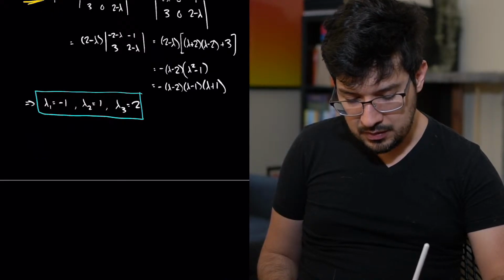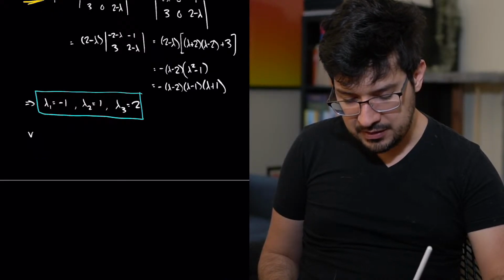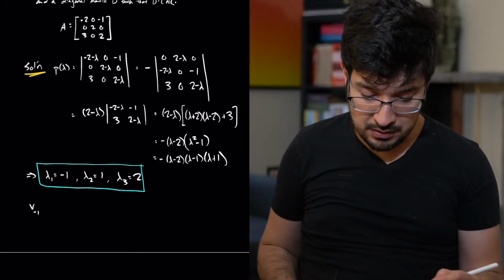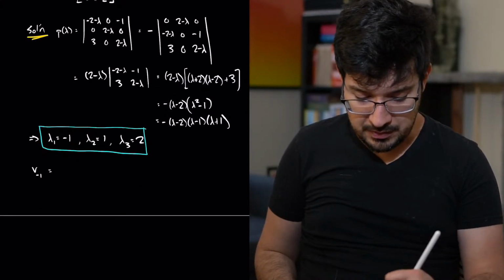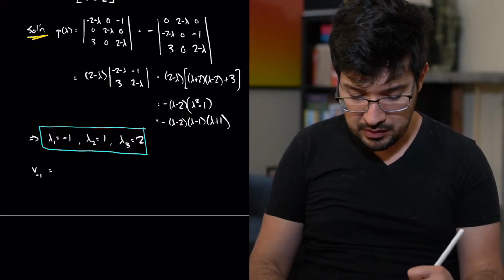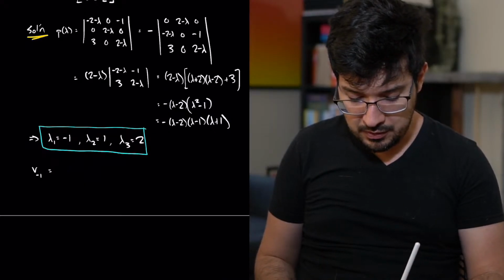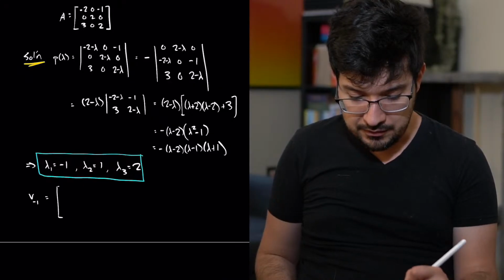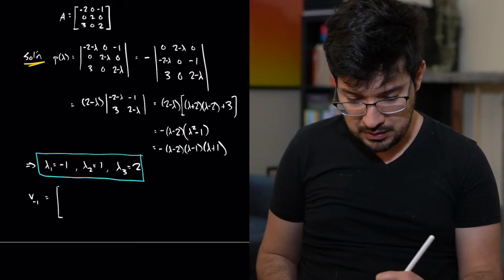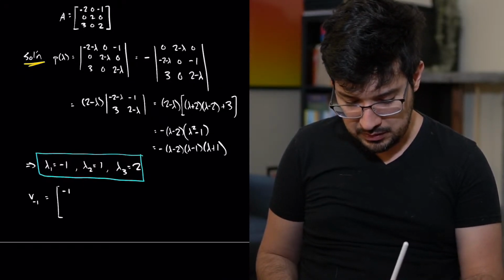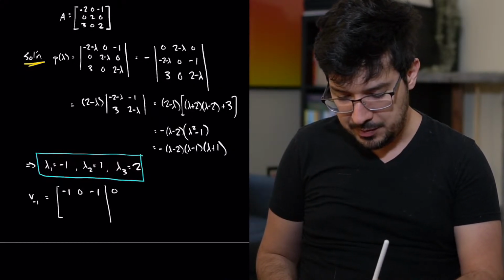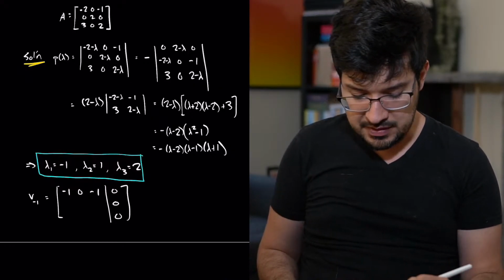Then our eigenvector corresponding to eigenvalue -1 is going to equal the solutions of the system -2 minus -1 is -1, 0, -1. We're solving for the null space of the system.